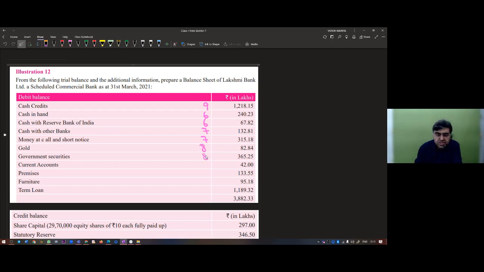Government securities 8. Current account debit balance. Bank overdraft, liability for the customer, debit 9. Premises 10. Fixed assets. Term loan advances 9.